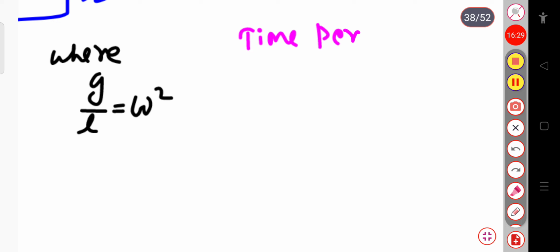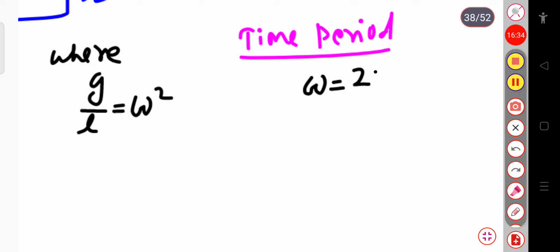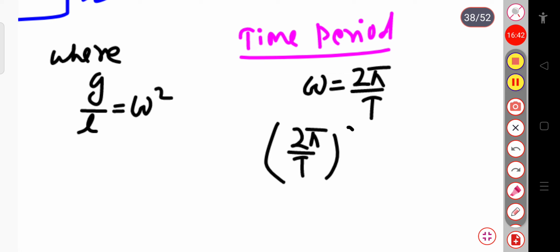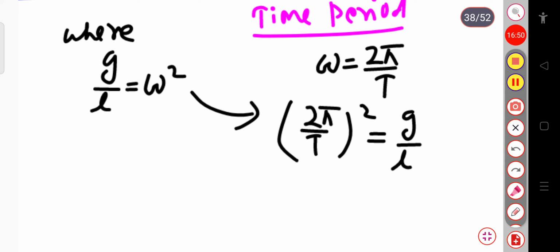To calculate the time period, you know ω equal to 2π/T, and ω² equal to g/L. So simply you can write (2π/T)² equal to g/L, or 2π/T will be equal to the square root of g/L.